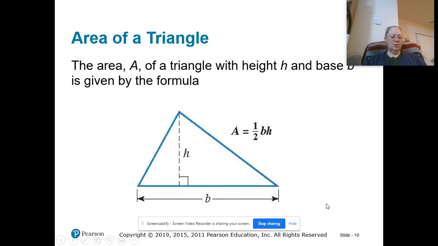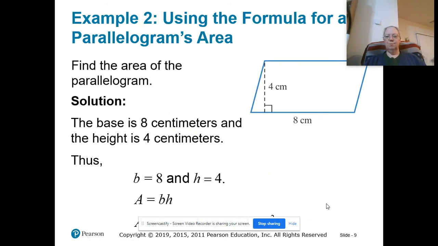All right, let me go back to this prior picture right here, and I'm going to divide up this parallelogram into 2 different triangles. So notice I have this triangle right here, and I have this triangle right here.